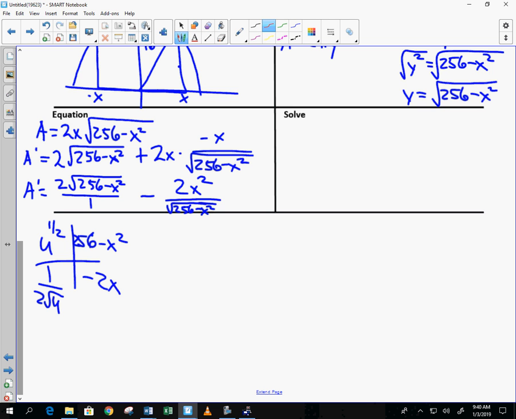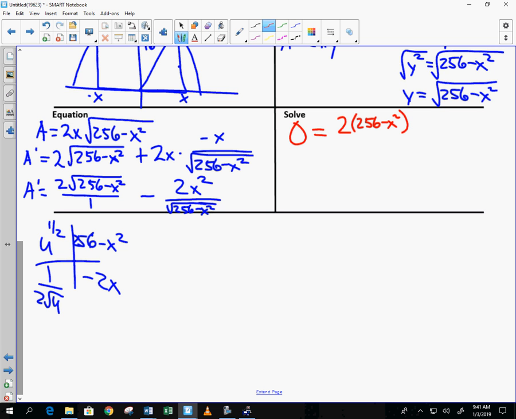So we're going to set the derivative equal to 0. So you've got 0 equals, if I multiply this by the root of 256 minus x squared, I get 2 times 256 minus x squared. No, I don't have a 2 times 2, I just have that.